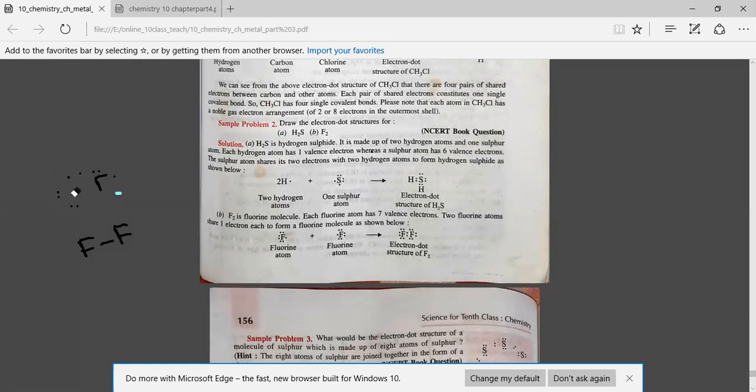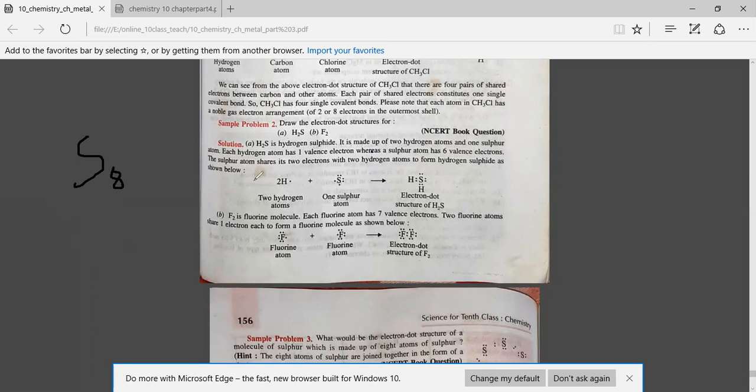What would be the electron dot structure of a molecular sulfur, which is made up of 8 atoms of sulfur? So we have to draw the molecular structure of sulfur. One of the molecules is like S8. This molecule is having the 8 sulfur atoms.